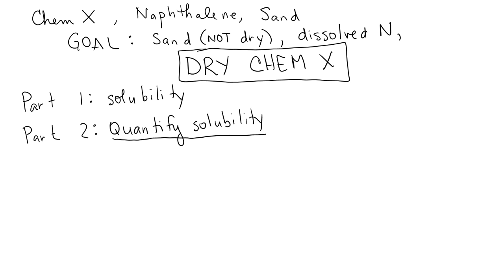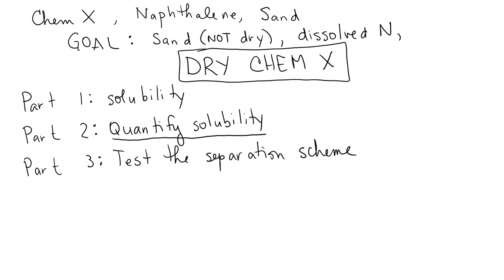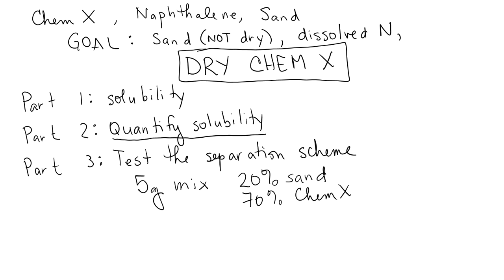And then part 3, we are going to test the separation scheme to see how well we did. And in order to test the separation scheme, you're going to get 5 grams of the mixture. That is 20% sand, 70% chemical X, and 10% naphthalene.